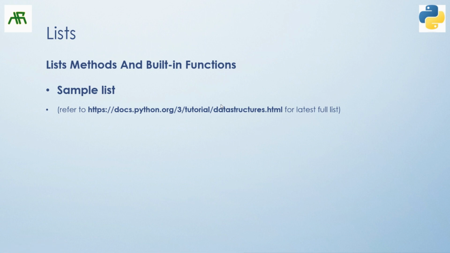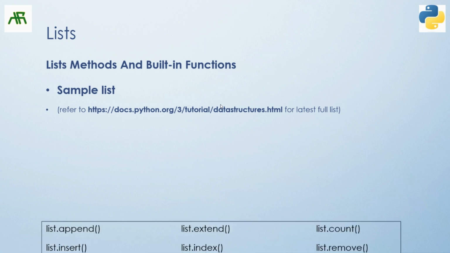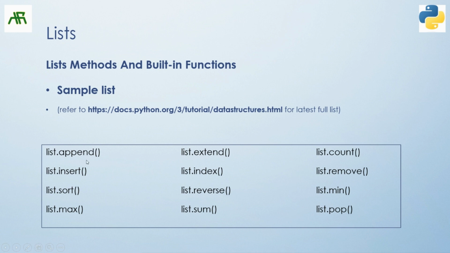But here is a sample list of list built-in functions: append, add list elements; extend, stretch the list; count of elements; insert an element in a particular position; index value of an element; remove an element from the list; sort, both ascending and descending, or forward and reverse the elements in the list; minimum, maximum, sum, and pop, just remove.